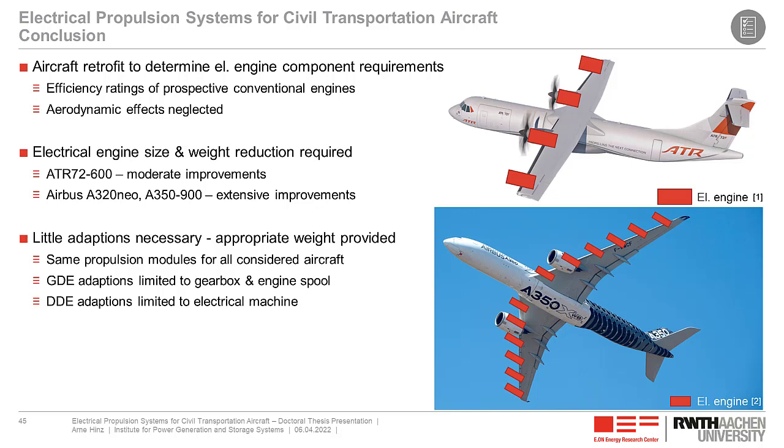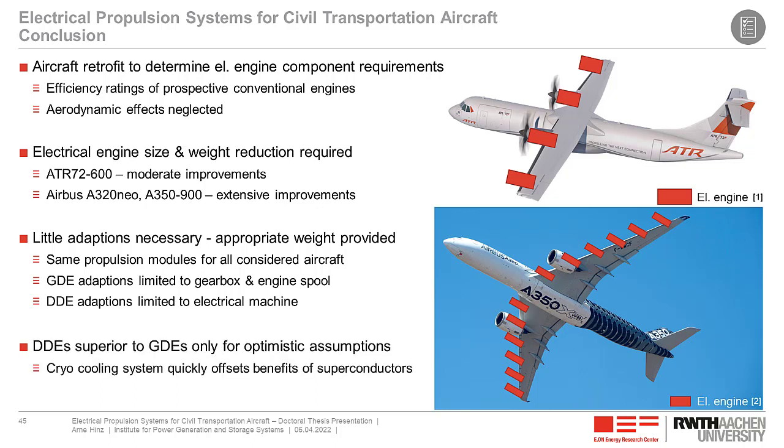Further, we saw that only little adaptations are necessary if appropriate weight is provided for the electrical engines, as we applied the same propulsion modules for all aircraft. For the gear drive engine, we only had to adapt the gearbox and the engine spool. For the direct drive engine, the adaptations were limited to the electrical machines.